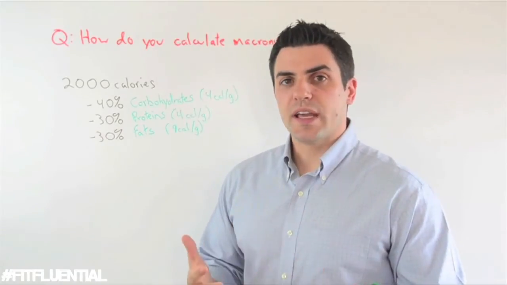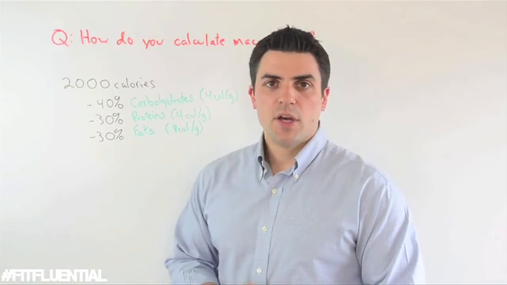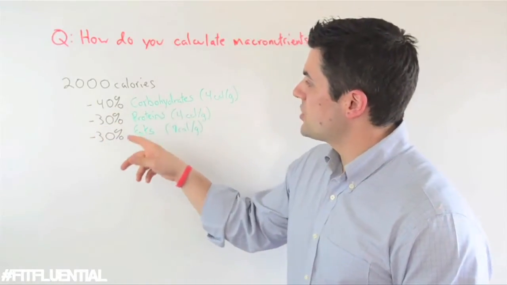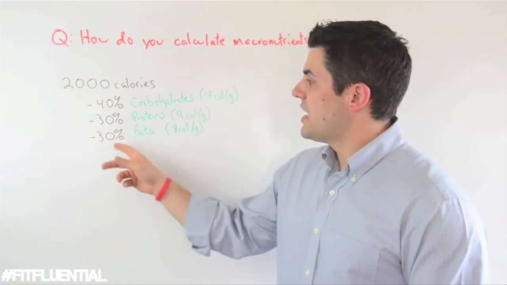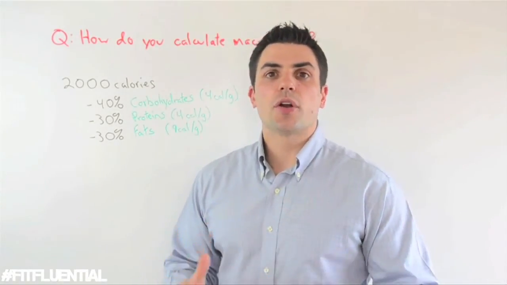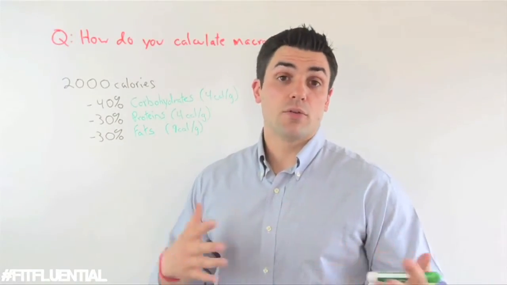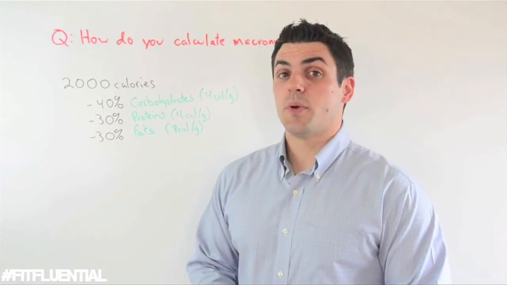Usually how I start with clients is a 40-30-30 breakdown. That would be 40% carbohydrates, 30% proteins, and 30% fats. Now this is a good starting place for just about everyone. And then you can adjust your macronutrients based on how your body is responding to the diet.